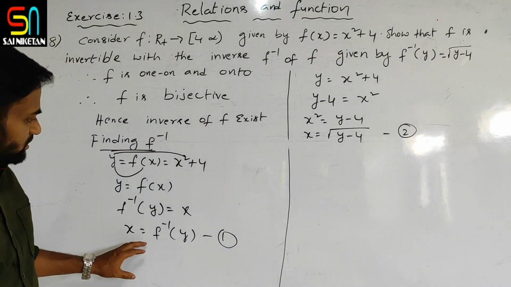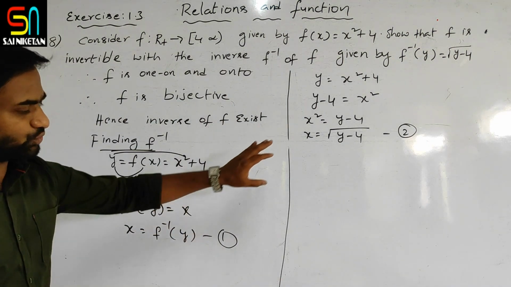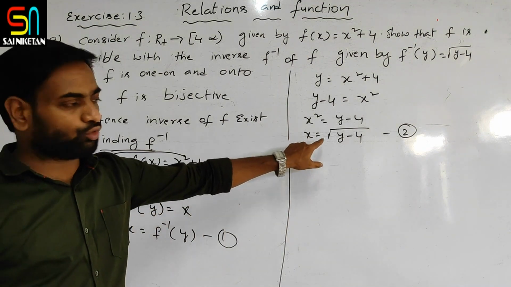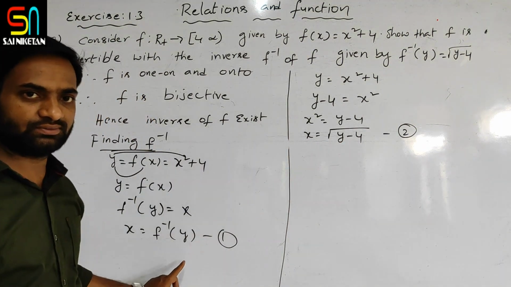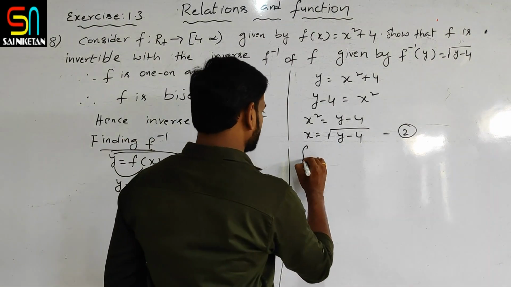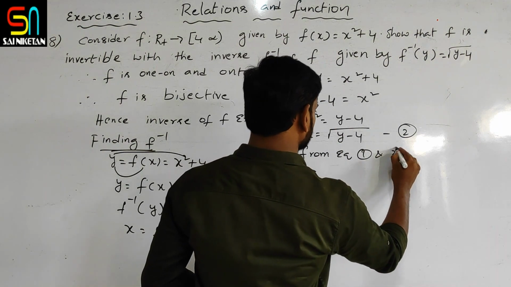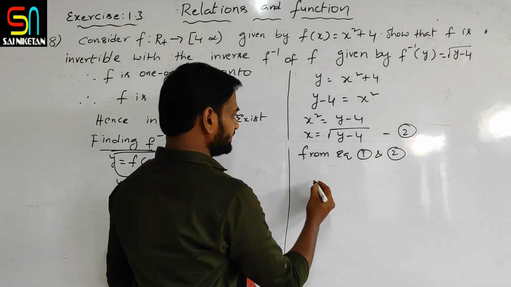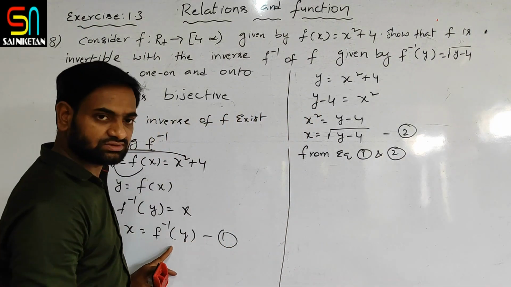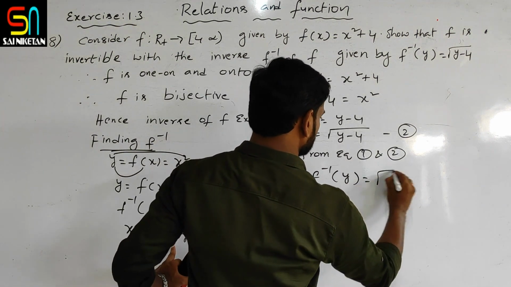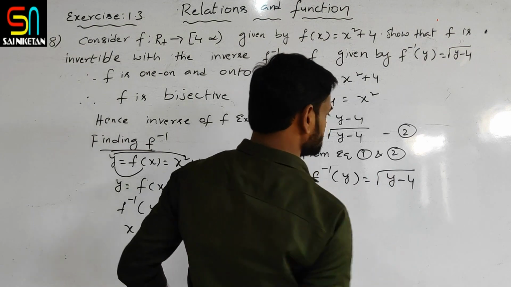Now see here, from equation 1 and 2, both LHS parts are the same. Now we have to equate the RHS part. From equation 1 and 2, what can you write? f inverse of y is equal to root of y minus 4.